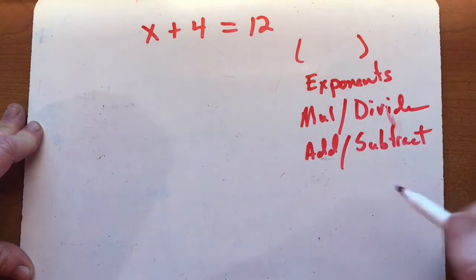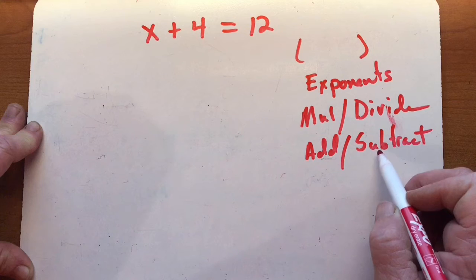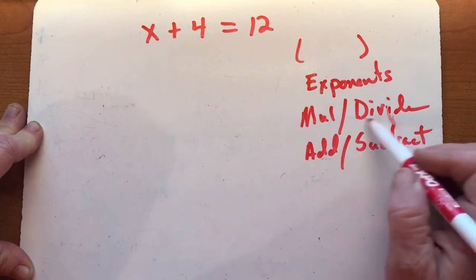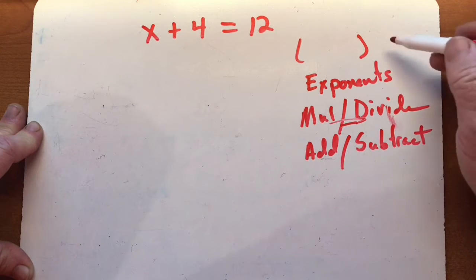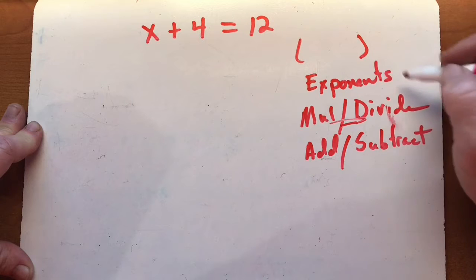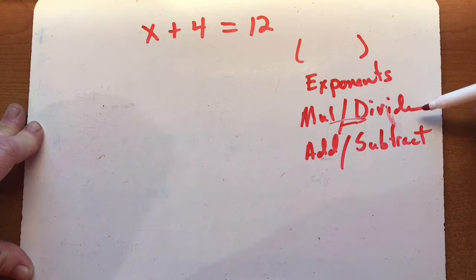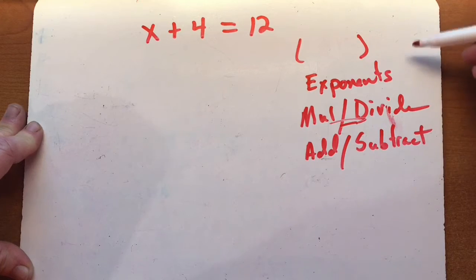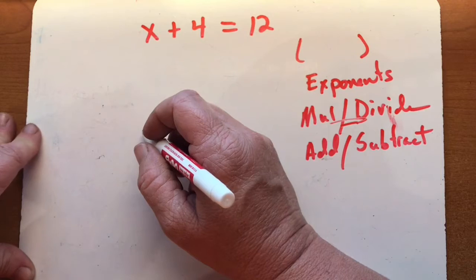So, the reverse order of operations means that we would take care of any adding and subtracting first, then multiplying, dividing, and so on and so forth. Of course, when it gets up in here, things get a little bit different. It's kind of a combination, but we'll worry about that when we get to that point. Right now, we're just thinking about going in the reverse order of operations to isolate the variable to solve this equation. Okay?